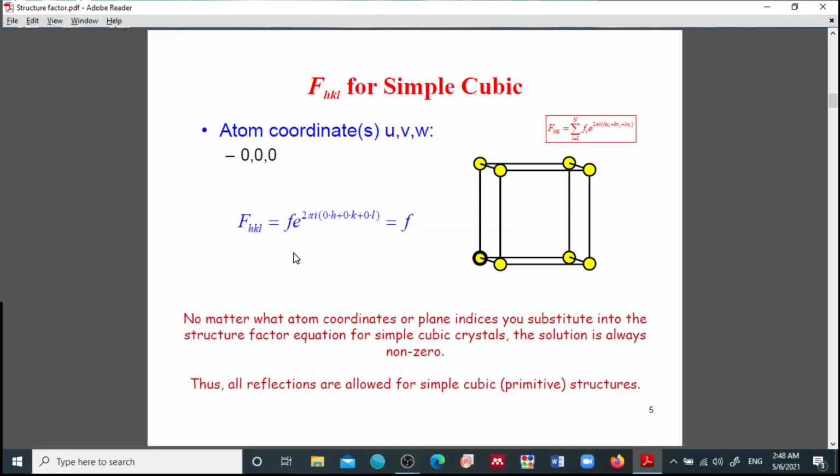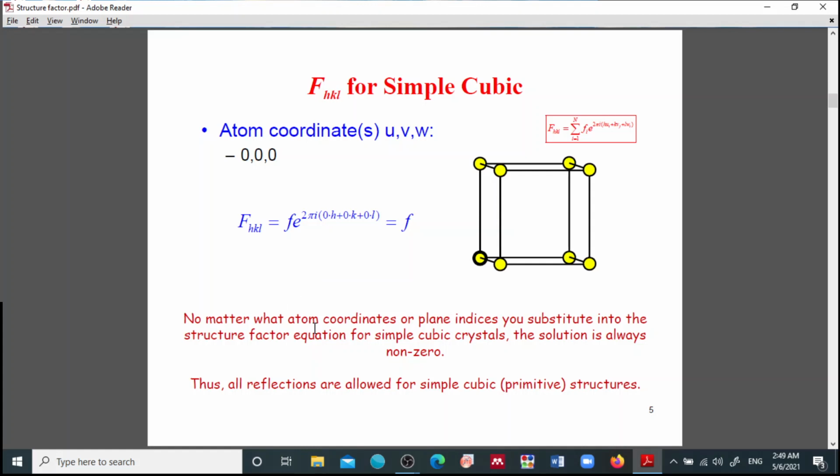So no matter whatever values of h, k and l we use, there are no limitations, there are no conditions for the values of h, k and l. So you can get this f result from any set of h, k, l values. So it means that for a simple cubic structure, all of the planes take part in the diffraction pattern.